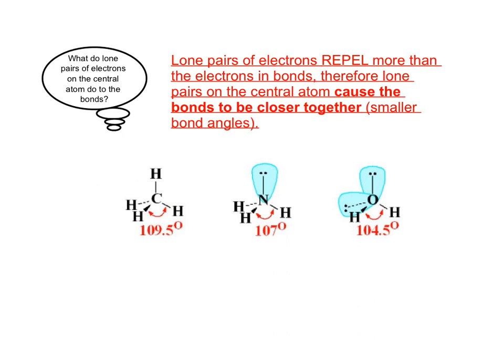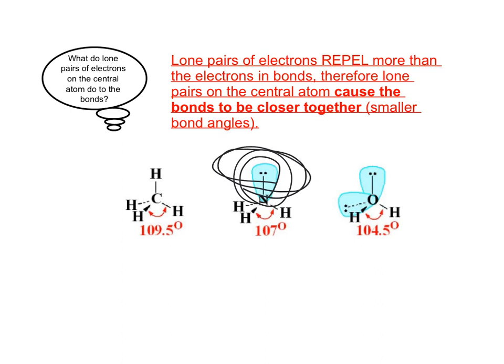We said this in the long explanation on that last slide, but remember that lone pairs will always repel more than the electrons that are stuck together in a bond. There's more freedom for the lone pair to spread out because it doesn't have the same restrictions. Imagine a lone pair can pretty much fit anywhere it wants to go as long as it's still shared with that nitrogen.